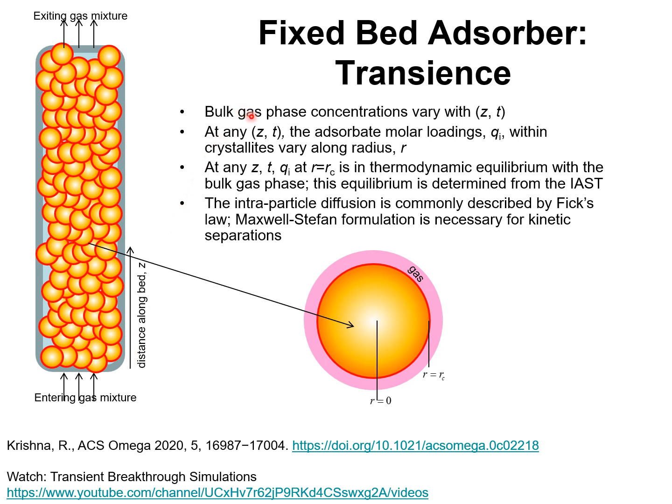The bulk gas phase concentrations within the fixed bed vary with the distance z along the bed and with time t. At any z and t, the adsorbate molar loadings within the particle vary along the radius.